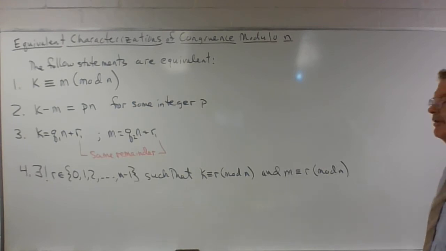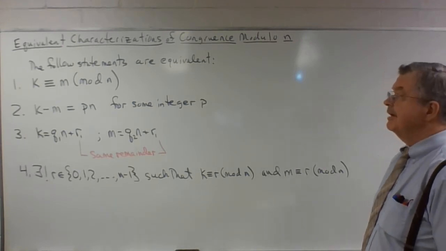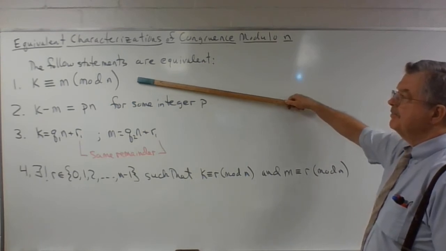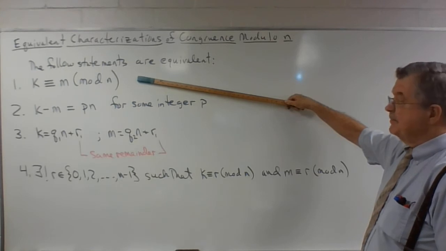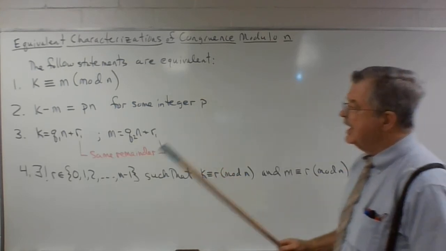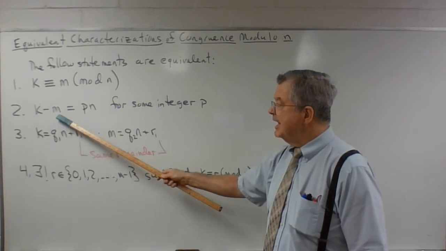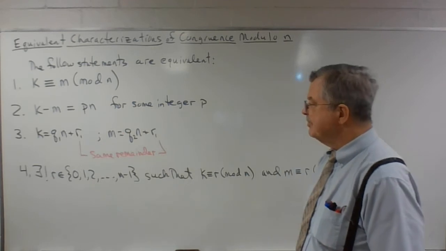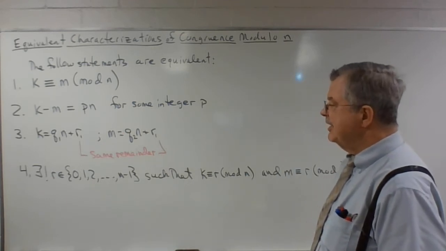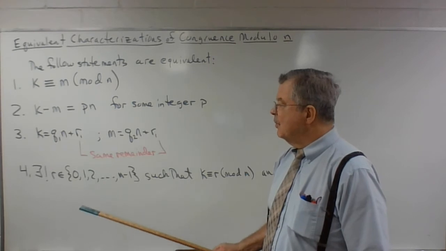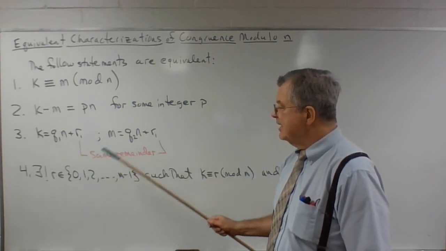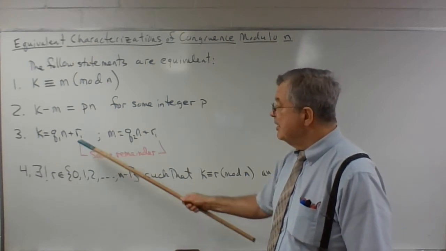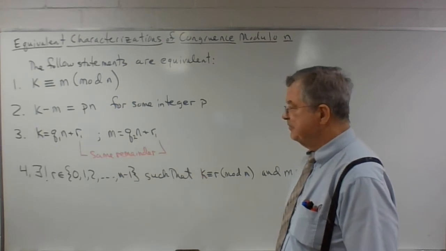Okay, these are equivalent statements. Integers k and m are congruent modulo n. That's the same as saying that the difference of k and m is a whole number multiple of n. That's also the same thing as saying that when we divide k by n and when we divide m by n using the division algorithm, we get the same remainder.